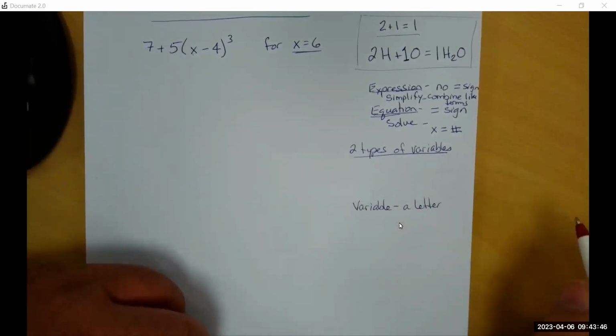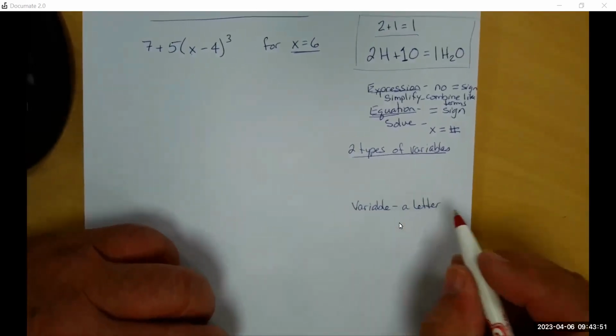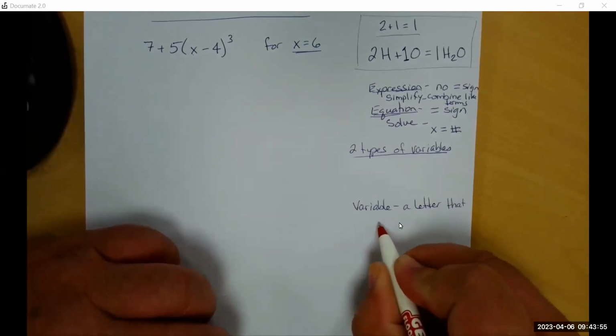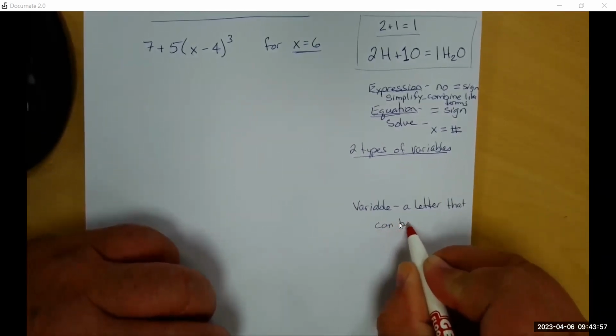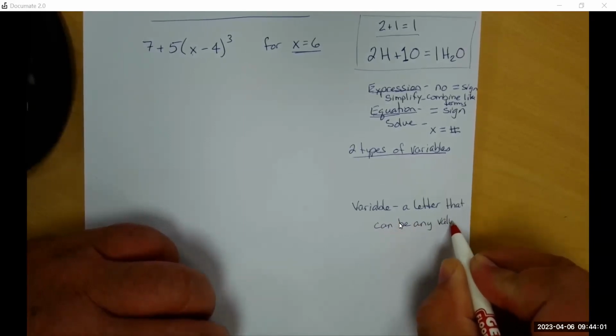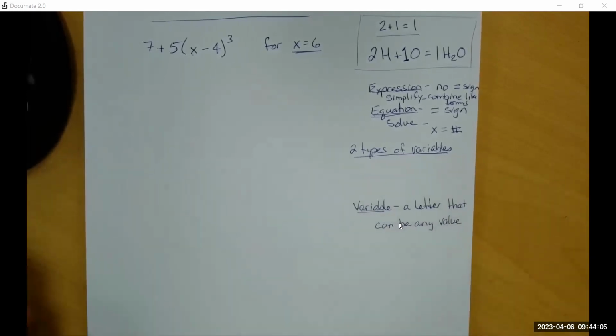It's usually a letter. It can't be a number because a number is a constant. It stays that number. But a variable is a letter that can be any value. Hence, variable. It varies. It changes.